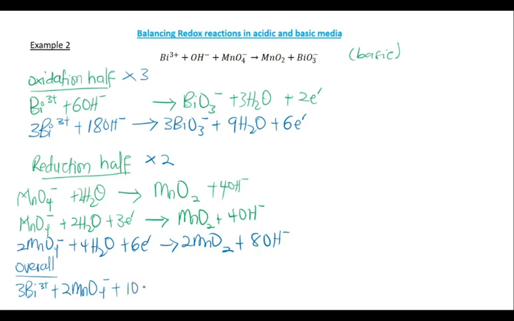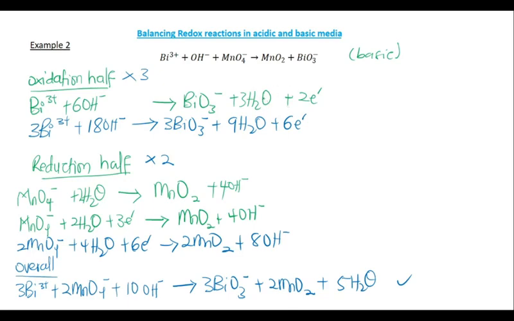So we have 10 OH minus, giving us, we write this, 3 BiO3 minus plus 2 MnO2, then plus, we have 4 moles of water, 9 over here, so it will be 5 moles of water at this side. So this is the balanced overall reaction for this particular example.